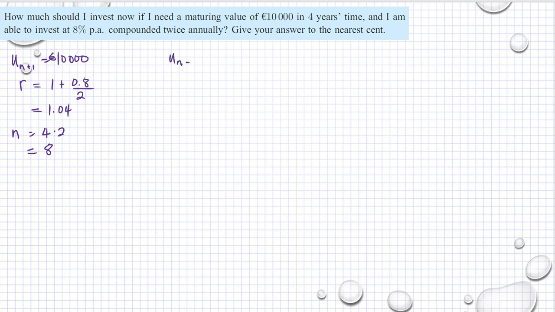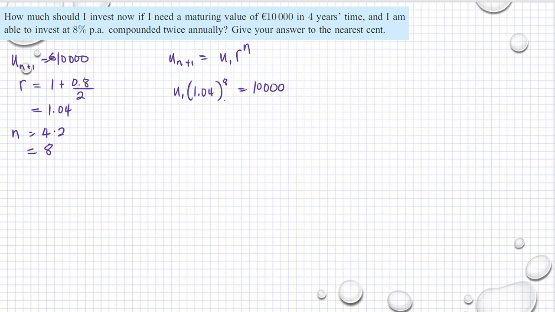Now we have u sub n plus 1 is equal to u sub 1 multiplied by r raised to n. Then we have u sub 1, we don't know. u sub 1 multiplied by 1.04 raised to 8 is equal to 10,000.